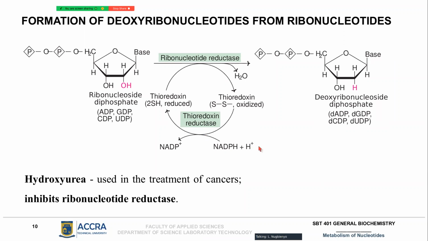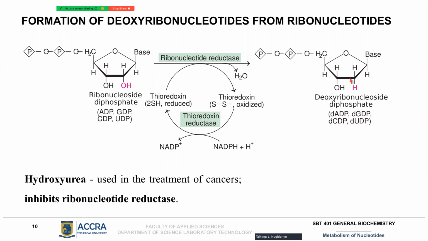Of course, again, a practical example of the application of this knowledge is hydroxyurea, which is used in the treatment of cancers because it inhibits ribonucleotide reductase. So if hydroxyurea acts as an inhibitor to ribonucleotide reductase, it inhibits the synthesis of deoxyribonucleotides.